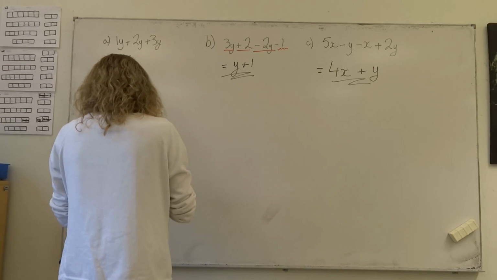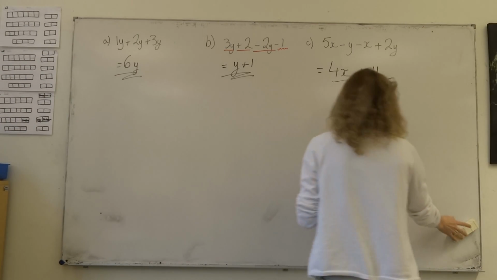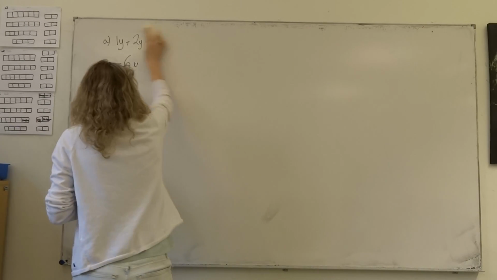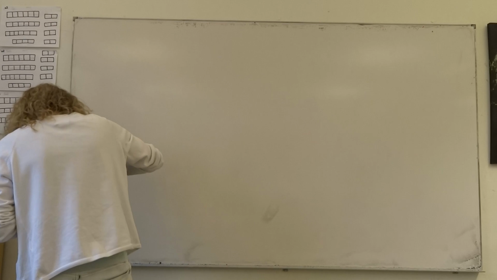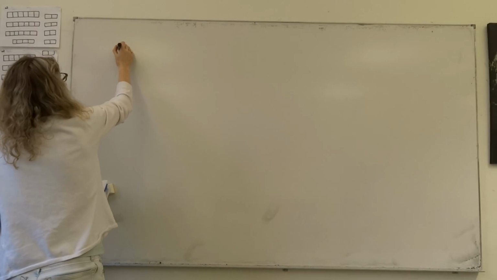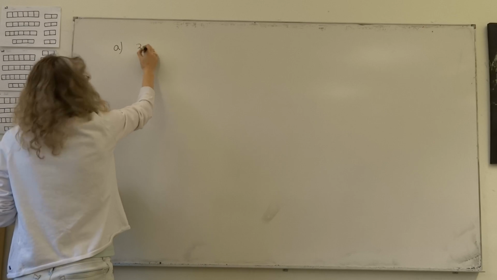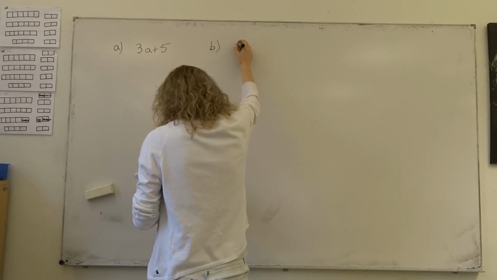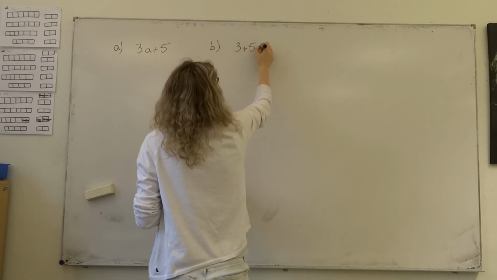Okay, that was question 4. Now it says, here are some expressions. I'm going to give you equations in terms of a. For question A, we have 3a plus 5. For B, we have 3 plus 5a.